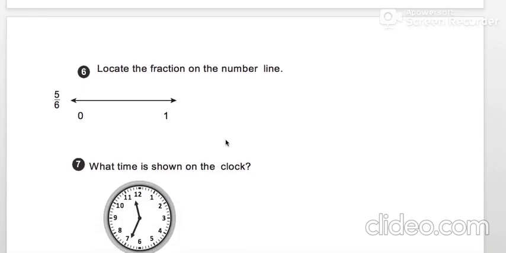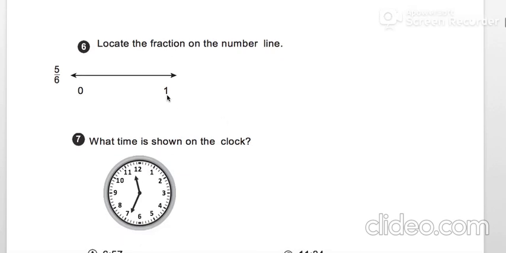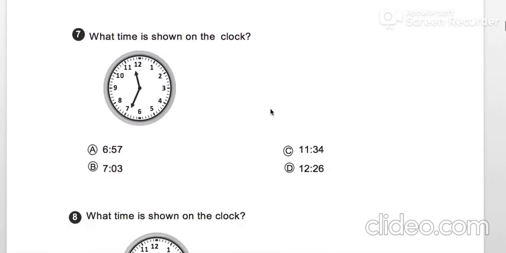For number 6, you are going to be dividing your fraction bar into equal parts, and you are going to locate the fraction 5/6 on this number line. So think about how many equal parts do you need to divide this line into? 1 is your whole.